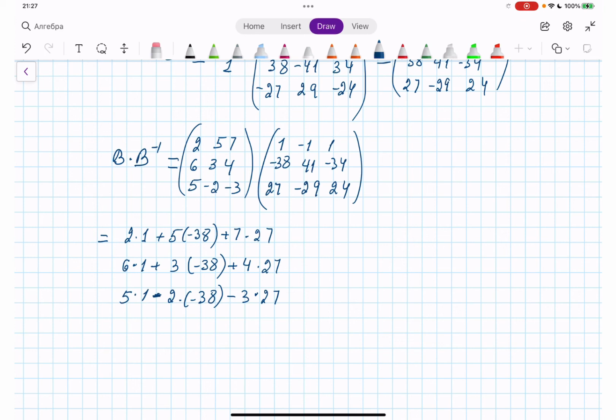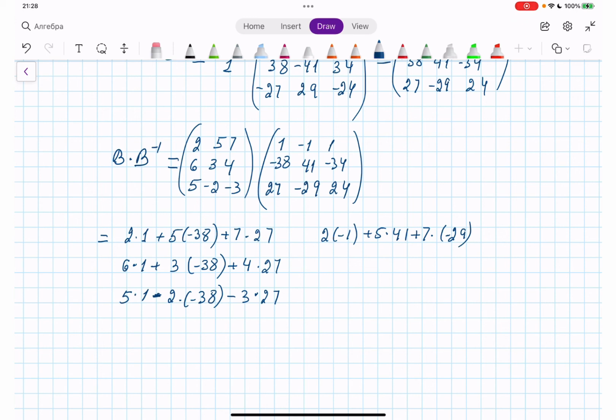So let's fill out the second column. The same way we are going to take the first row of the original matrix, and this time we multiply by the second column, and then the second row by the second column, and the third row by the second column. Okay, we are getting 2 times negative 1 plus 5 times 41 plus 7 times negative 29.